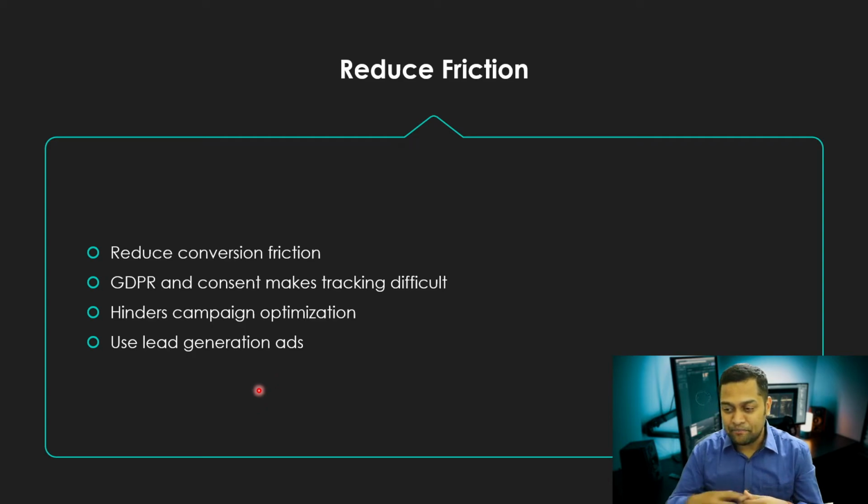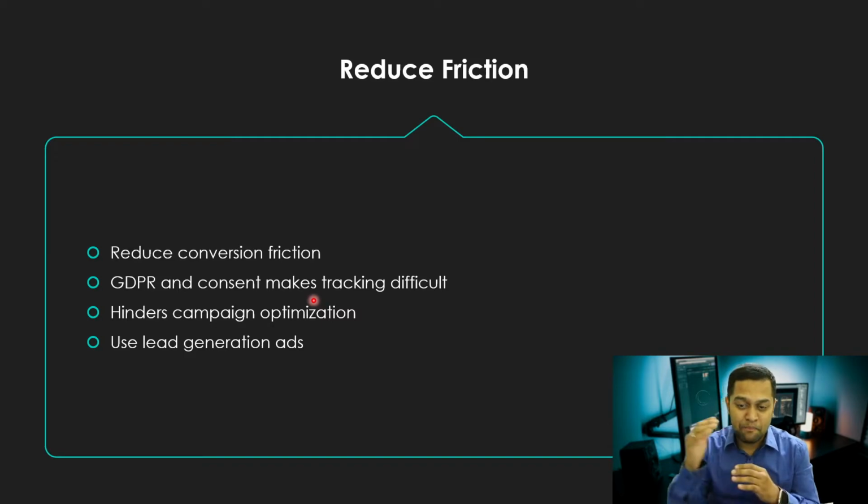And there's another way to do that. If you're running ads on Google, Google has recently introduced a lead form extension as well. That's a good way to reduce friction, because you will be able to make use of the new feature that auto-fills most of the information that your potential customer will have on social media. And the other reason is, as I said, GDPR and consent making traffic difficult.